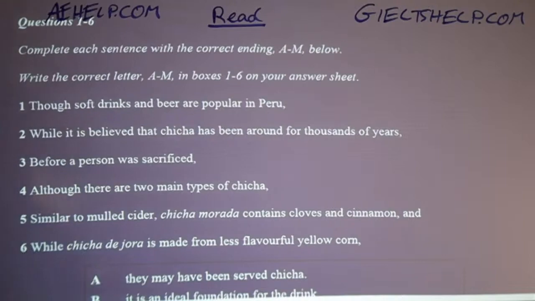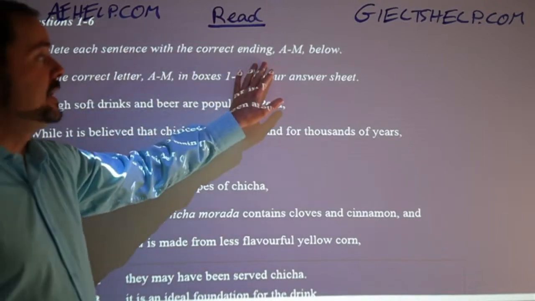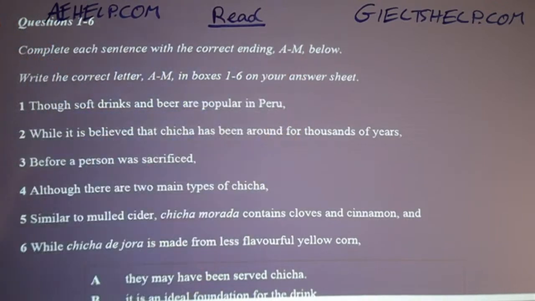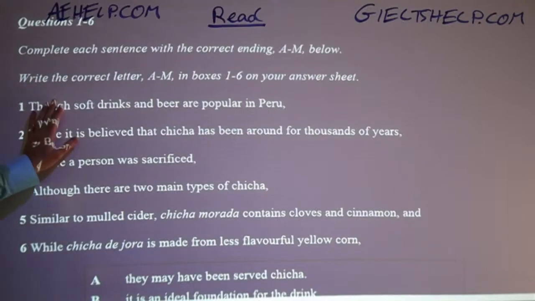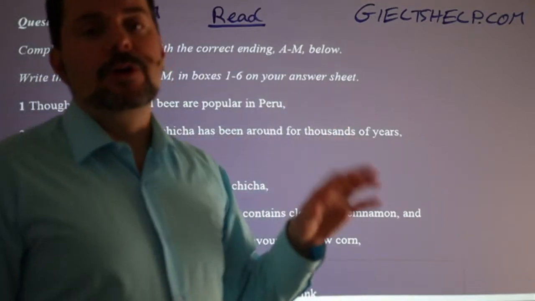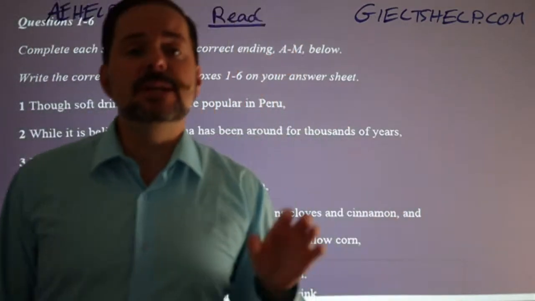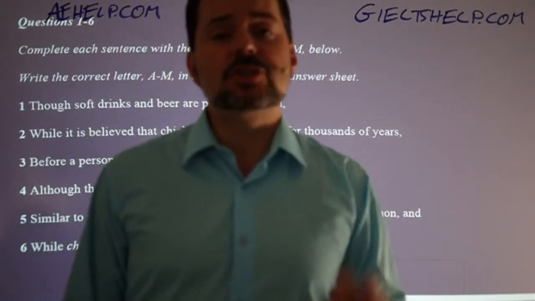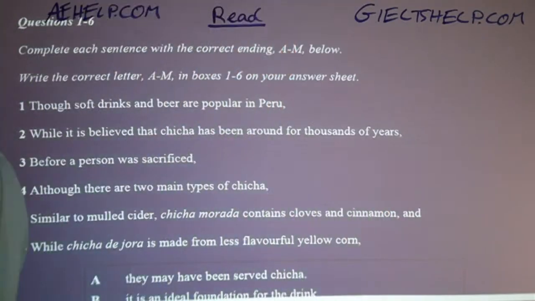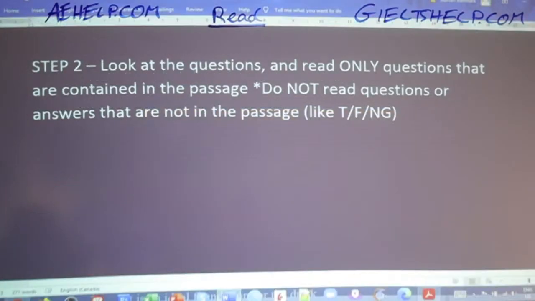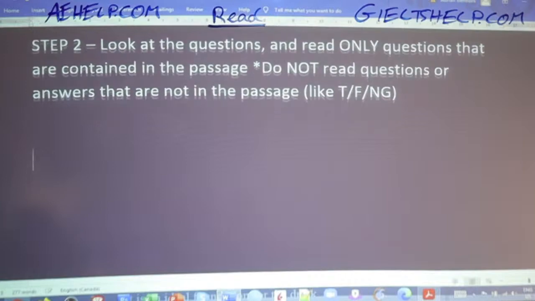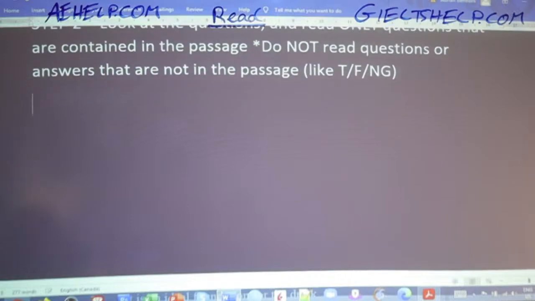Okay, so here we have complete each sentence with the correct ending A to M below. So we've got a lot of options here. And these are not necessarily in the order of the passage, okay? So skimming and scanning are not effective strategies for the IELTS exam for the most part, okay? Keep that in mind because the answers don't necessarily come in the same order. So skimming and scanning take a long time, okay?